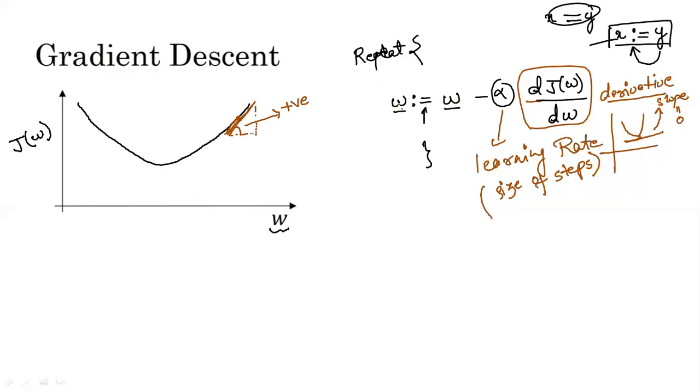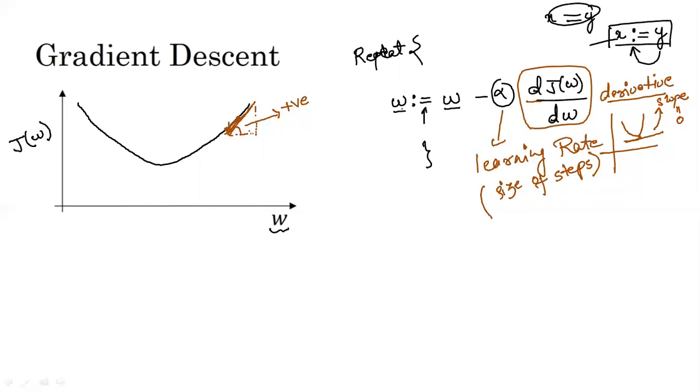This updation will result in a smaller value of w. So if I take this point and first update the value of w, w will naturally move to the left-hand side because its value will decrease.